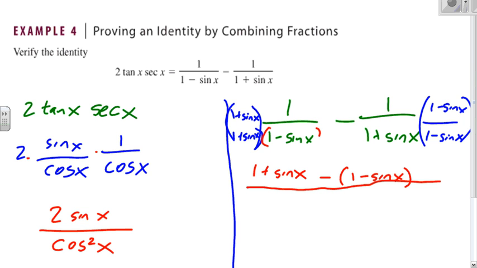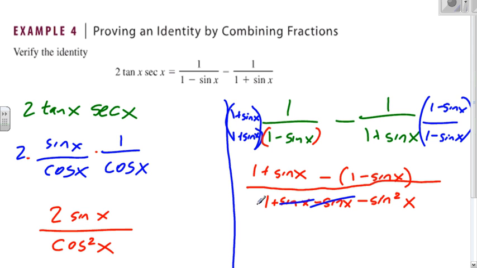So we need to FOIL. 1 times 1 is 1. Sine times 1 is sine. 1 times negative sine is negative sine. And sine times negative sine is negative sine squared. So that's our common denominator, multiplied out. Sine minus sine, obviously those will cancel.